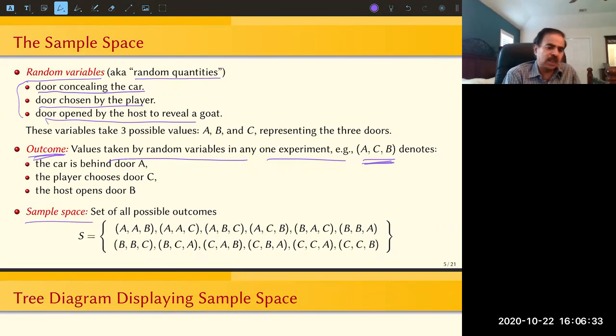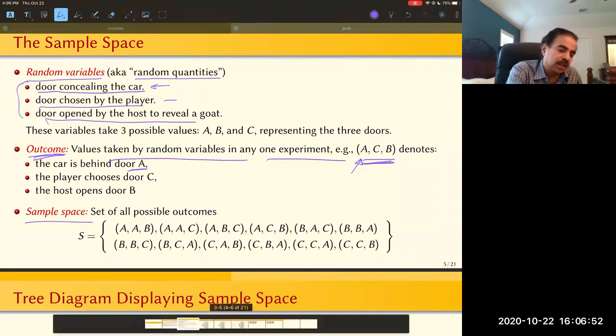So we are going to use the sequence ACB to denote that the car is behind, so the first thing says, okay, where is the car, right? So it's going to be the value of that random variable, which is the door concealing the car. So this one says it's A. What is the door that's chosen by the player, right?